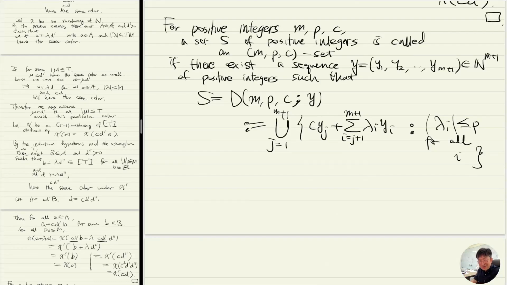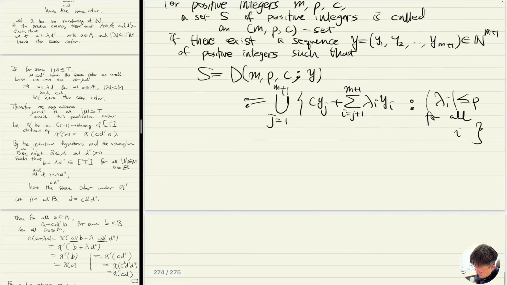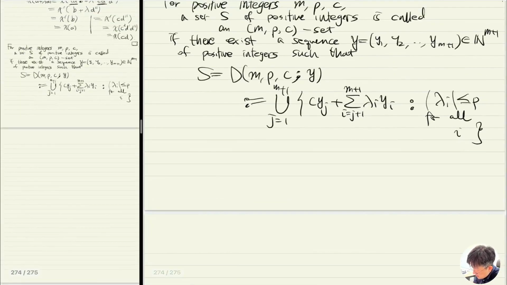And without an example, maybe it's not really easy to see what this is. Okay, let me rewrite the definition of the Mpc set. This is equal to a union of the following.